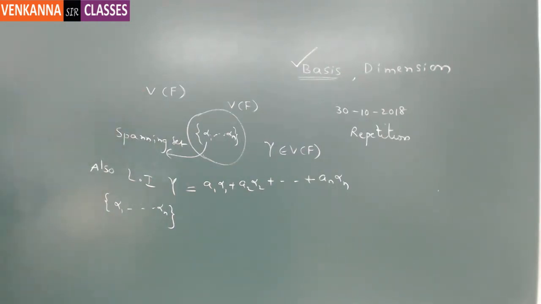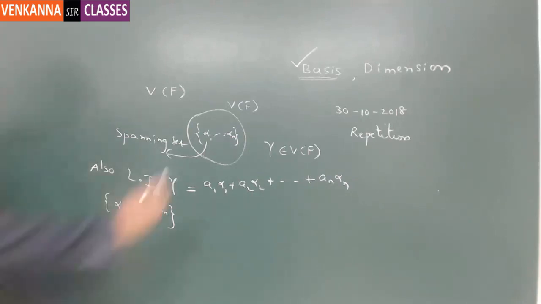Whenever we take a vector space, in that we are considering a set of vectors which spans V and it is also a linearly independent set. So the set is having two properties: one, linear independence; second, spanning the whole space. Such type of sets we call them as basis for the vector space.